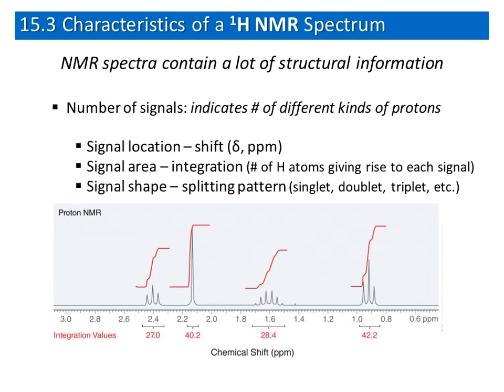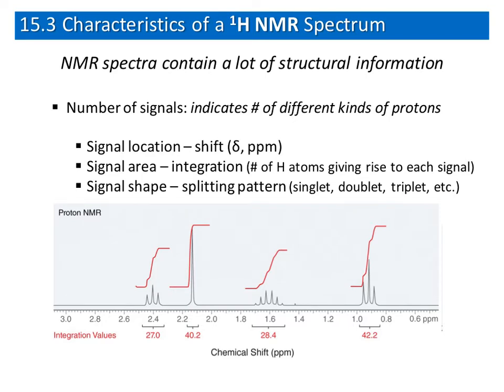Now, when we have the hydrogen NMR spectrum, there are four characteristics that we are going to look at in the spectrum. The first one is the number of signals. For example, in this spectrum, we have 1, 2, 3, 4 different signals, and it indicates the number of different protons that are present in the molecule.